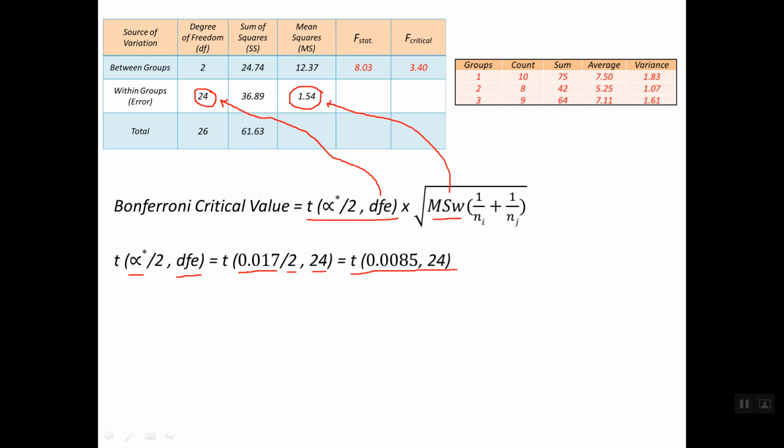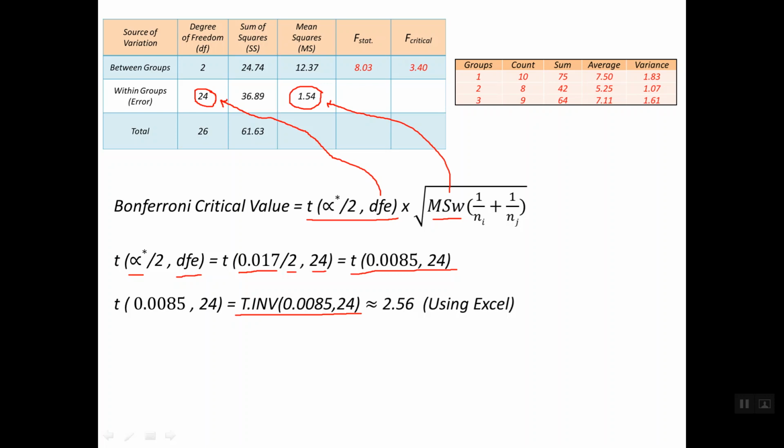We can find, let's say, a probability of 0.10 or 0.05 or 0.02 or 0.01. Okay. So in order to get the value of this t, we can simply utilize Excel by writing this formula inside the Excel program.